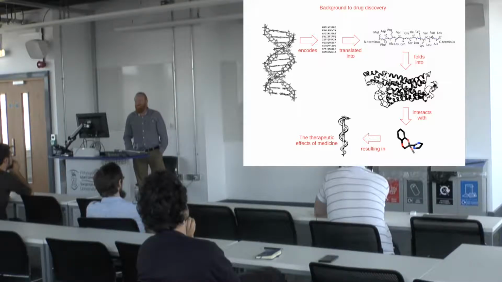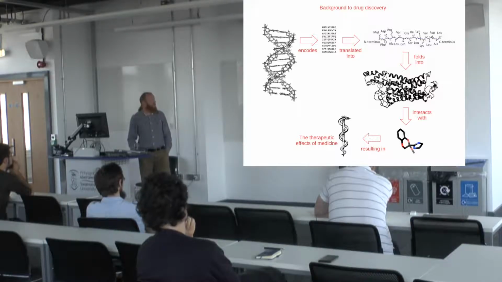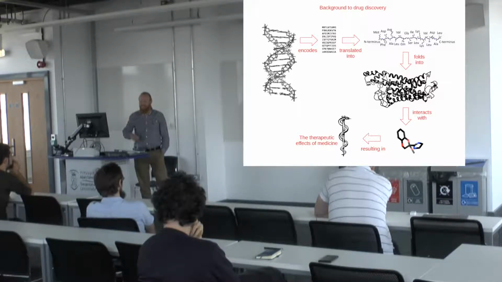So the background to it, we're familiar with the idea of DNA encoding genetic information. On each strand of DNA there are particular letters along it, and each triplet of 3 letters encodes for 1 amino acid.